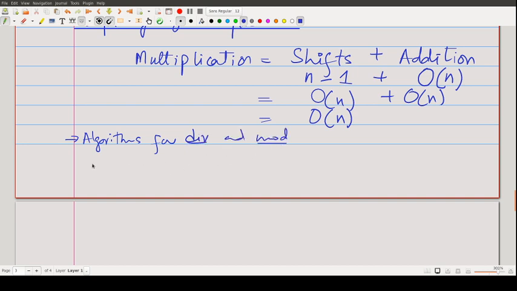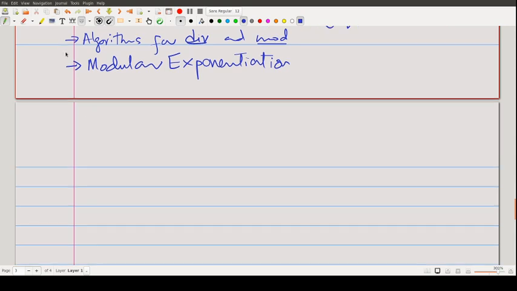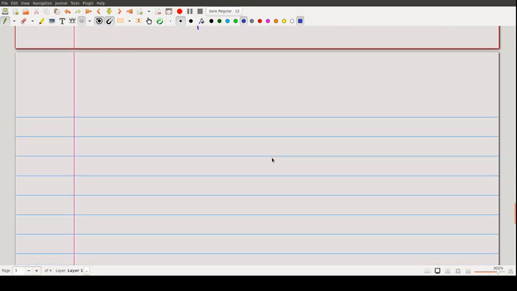This is not officially included in the course, so I'm leaving them out. And the next thing is modular exponentiation. If you want to do that, you can do that. If you have any queries, let me know, but they're not officially included in the course. Okay, so let's move on to the next section, which is primes and greatest common divisors. So 4.3, we have primes and the GCD.